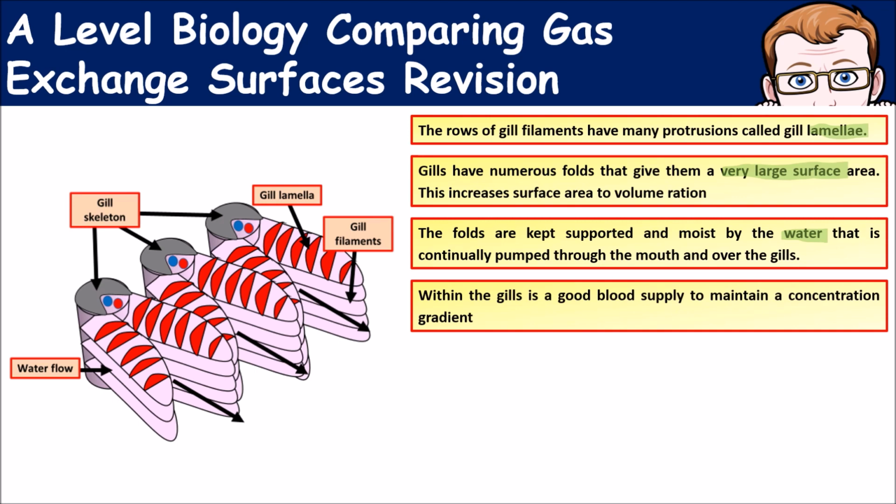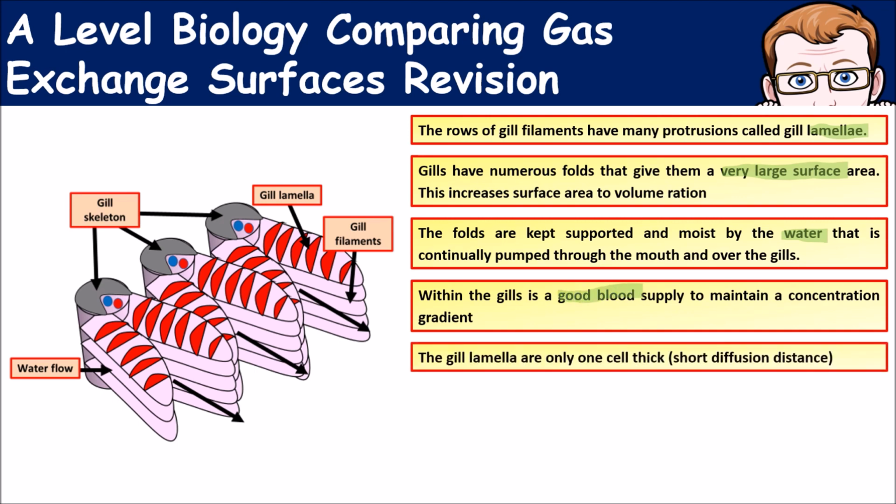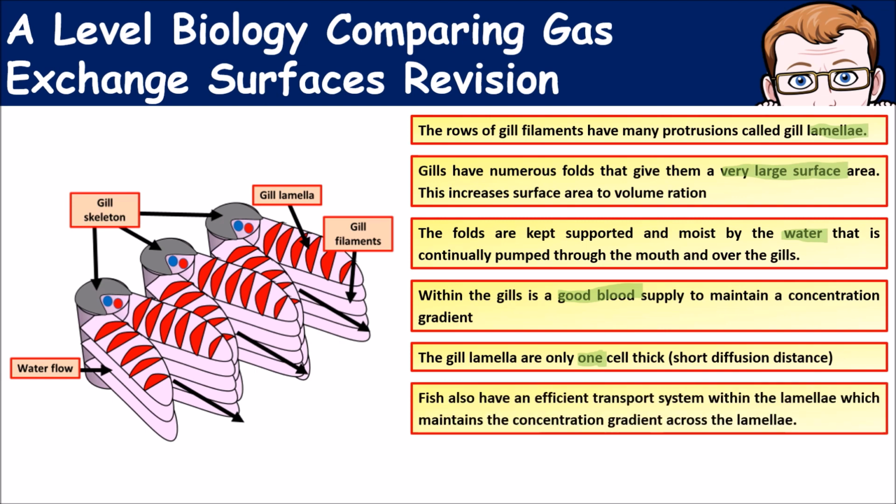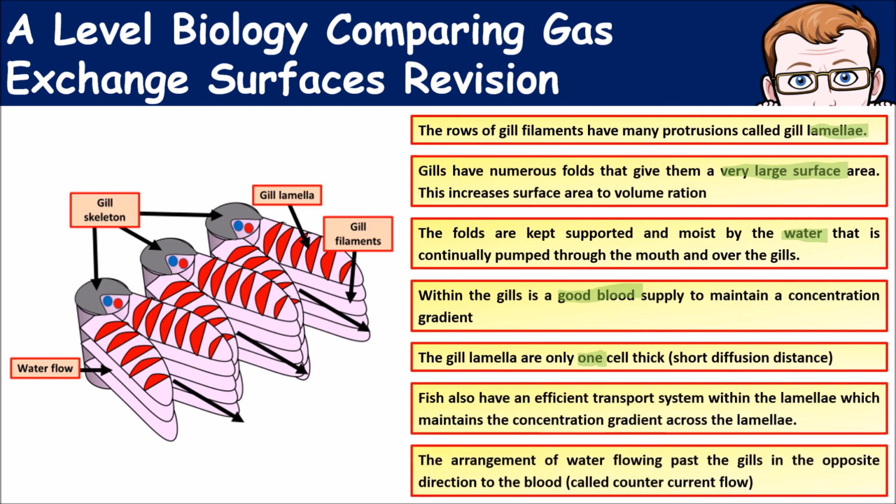They've got a very good blood supply, which helps maintain the concentration gradient. Gill lamellae are only one cell thick, so there's a very short diffusion distance. And fish also have that counter current flow system, which means there's always a higher concentration of oxygen in the water than there is in the blood.